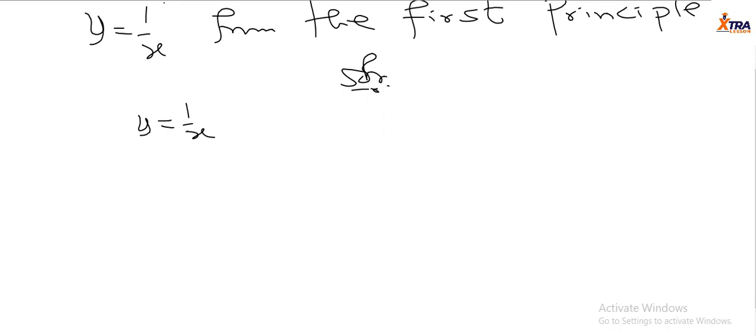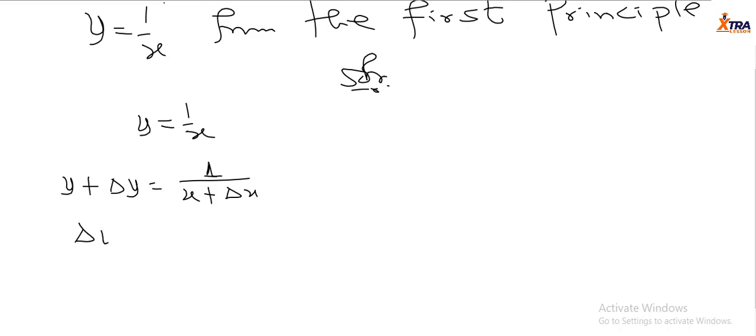So now we have the change in y: y plus delta y equals 1 over x plus delta x. So the next thing is for me to transfer y to the other side.